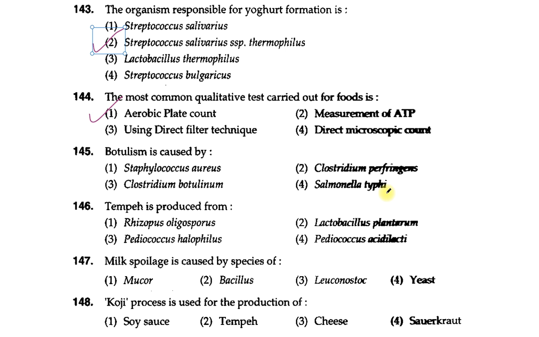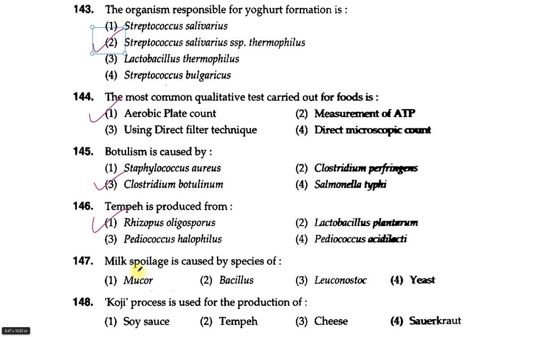Salmonella typhi. The correct one is the 3, Clostridium botulinum. Question 146. Tempeh is produced from 1. Rhizopus oligosporus, 2. Lactobacillus plantarum, 3. Pediococcus halophilus, 4. Pediococcus acidilactici. The option 1 is correct, Rhizopus oligosporus. Tempeh is a soybean product traditionally fermented using Rhizopus fungi.